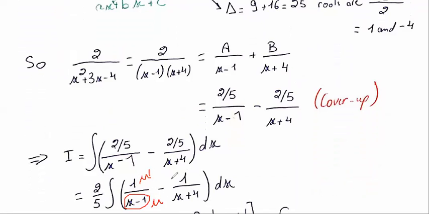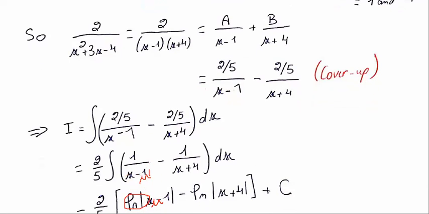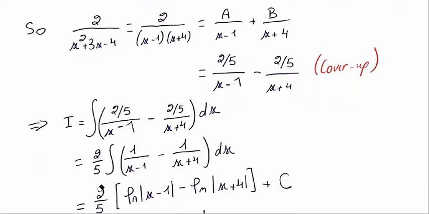So both of these are of the form u prime over u, which means that their integrals are both ln of u. So when I solve the integral, I will get 2 over 5 times ln absolute value of x minus 1 minus ln absolute value of x plus 4. More details about integrating the form u prime over u, you can watch in another video if you want.